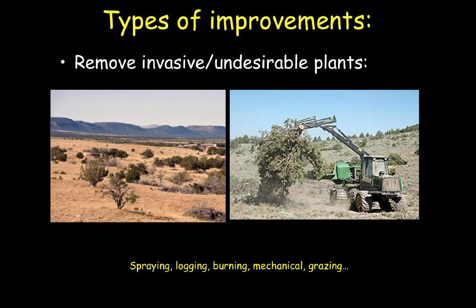Another type of improvement is getting rid of undesirable plants. So one example is in the sagebrush steppe, in a pinyon juniper region. Junipers tend to be very invasive. They move in, take over, and they don't really have any natural predators.